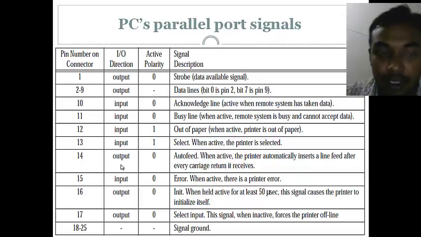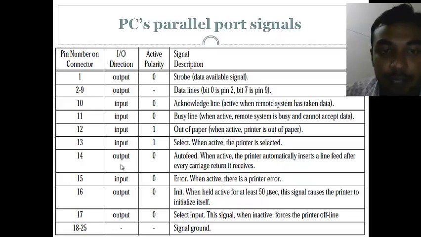Pin 10 is an input, the acknowledge line at the receiver side. It is active till the data is processed. Then pin 11, an input, is called the busy line. If it shows 0, that means it is not busy, meaning it is inactive, and the data is transferred from the input to the output.